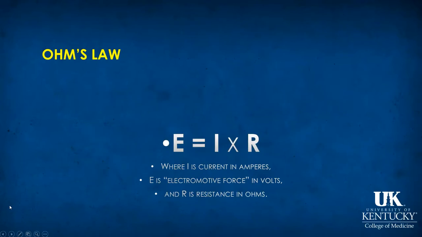So, Ohm's law: E equals IR, where I is the current in amperes, E is the electromotive force, or volts, and R is resistance.